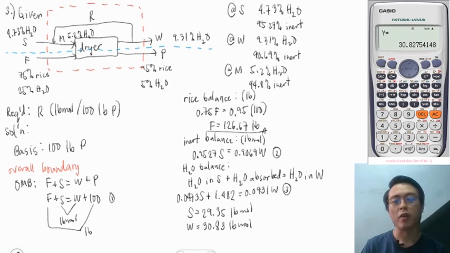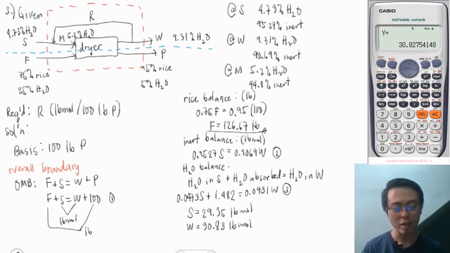So the value of S, 29.35 pound moles, is the amount of stack gas entering the process. Remember, the purpose of the gas is to absorb the water so that you can dry the rice. The gas exits heavier than before. That means that the difference between S and W should be the amount of water that was absorbed. So let's try.